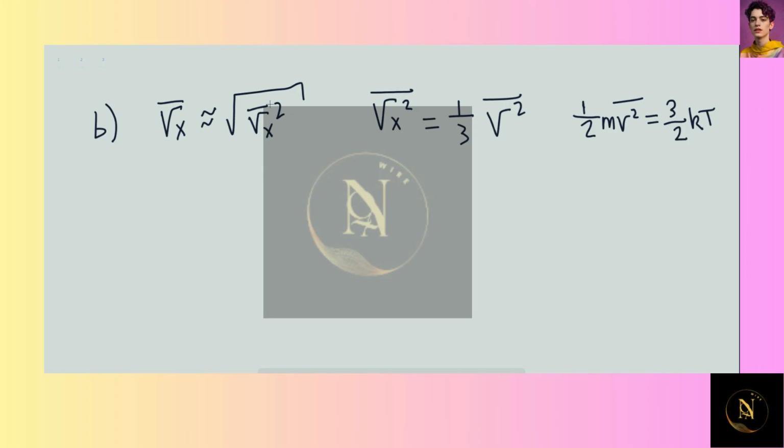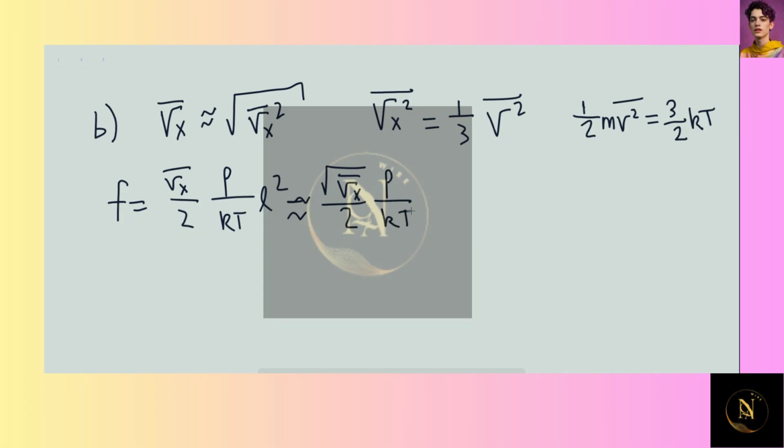So we can now combine these 3 facts with our result from part A. Here's our result from part A. We can replace the average Vx. So it's approximately this. Now we can do a second replacement. We can express it in terms of the total average velocity.